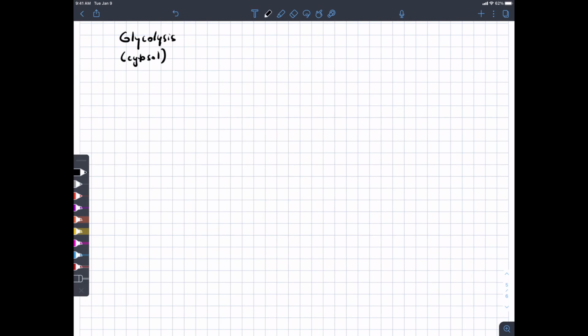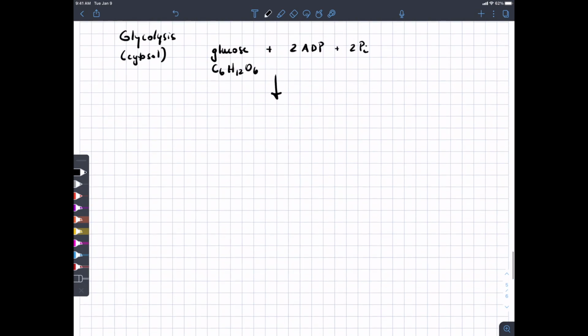you're going to take 1 molecule of glucose, which is C6H12O6, and 2 molecules of ADP, and you're going to need 2 phosphate groups, so we're abbreviating that with the typical biochemistry notation, plus 2 molecules of NAD+, plus 2 molecules of water.